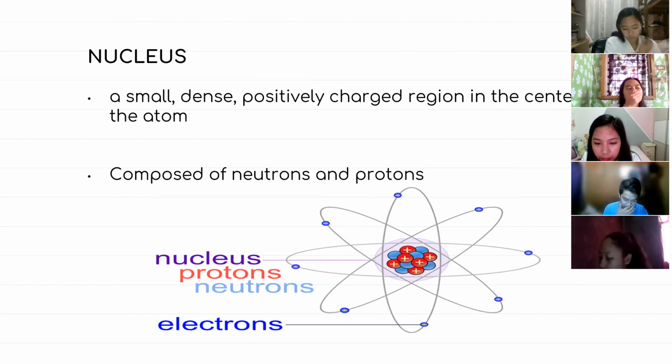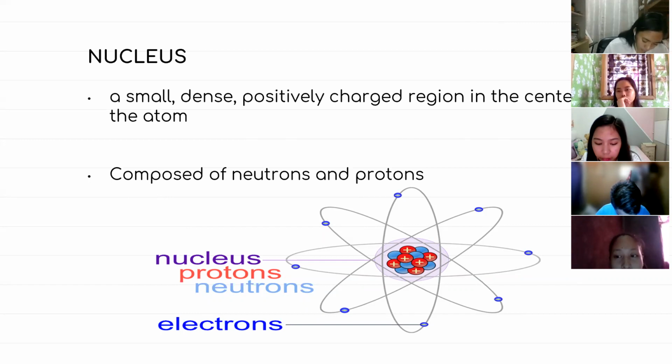When you say nucleus, it is a small, dense part of the atom wherein we can see protons and neutrons. It is a positively charged region in the atom due to the presence of the protons. So again, what we see in our nucleus are the neutrons and the protons.